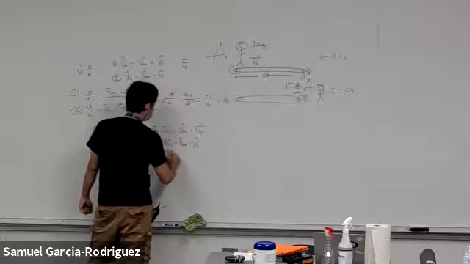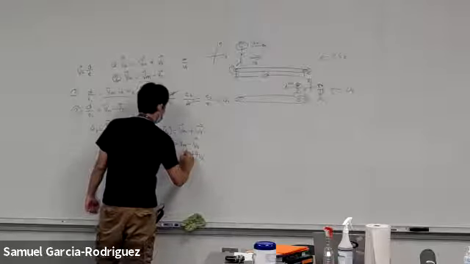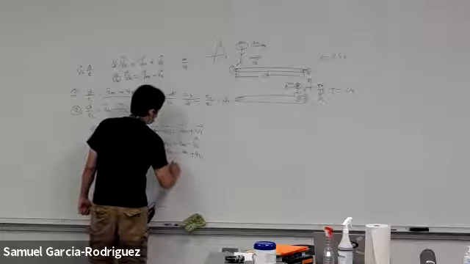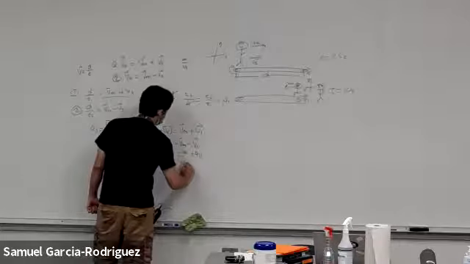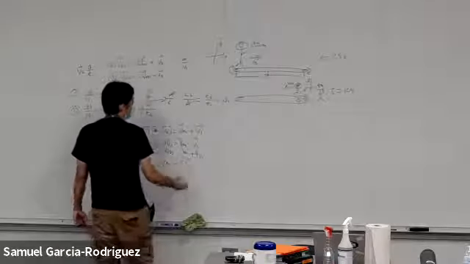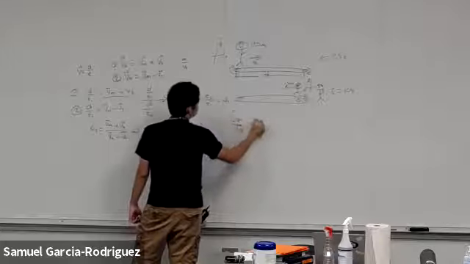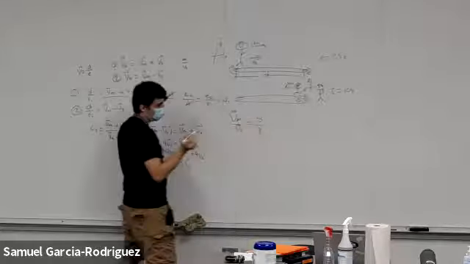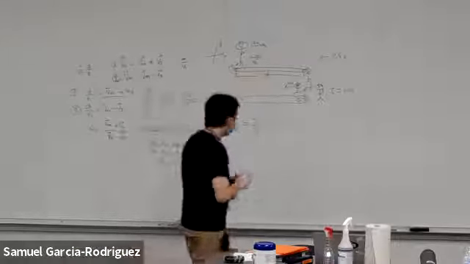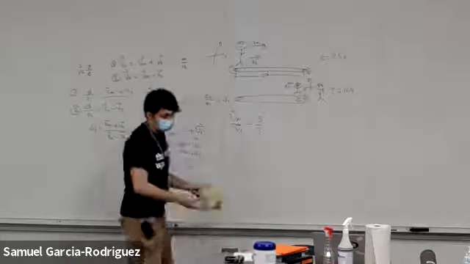Plus 4 Vs plus Vs, minus Vm minus Vm. You get 3Vm equals 5 Vs. Vm over Vs equals 5/3. You can move that into a fraction, move that into a decimal. I just like keeping it as fractions personally. But yes, that is how you do that question.